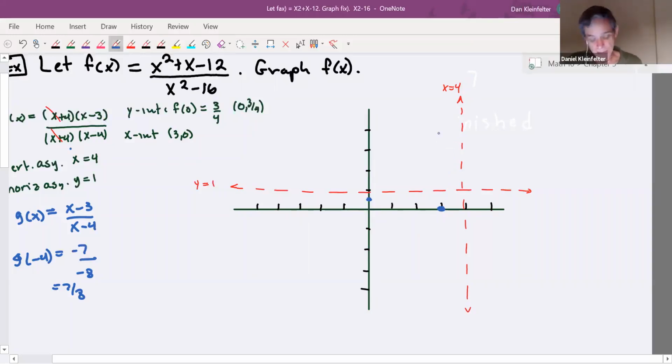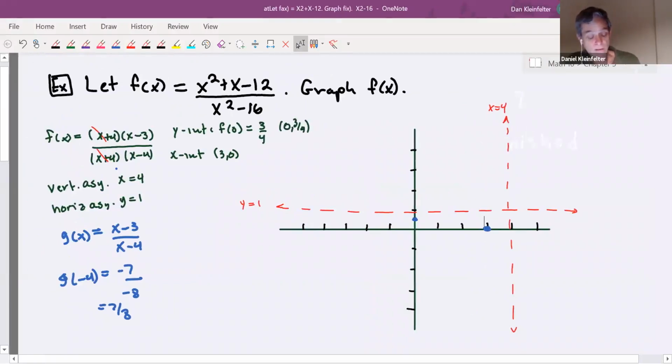Another way to think about it is just to check a value like 3.9 and think about, okay, what would f of 3.9 be? Or we could use our g because it's simplified. g of 3.9 is going to be 3.9 minus 3, which is 0.9, and then 3.9 minus 4 is going to be negative something. I don't need to know what it actually is. All I need to know is that it's negative, right?